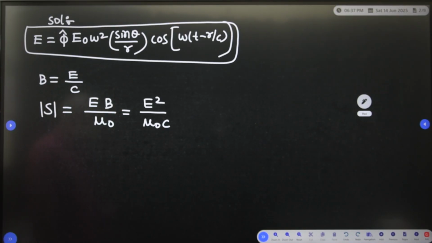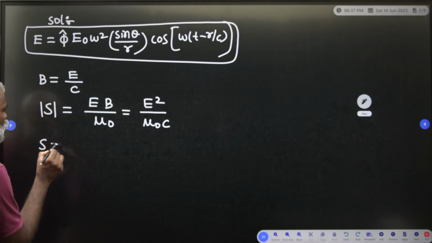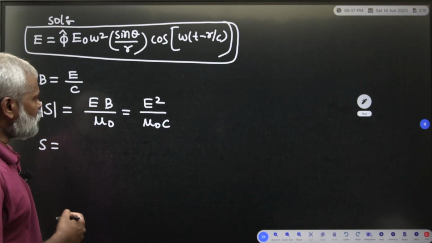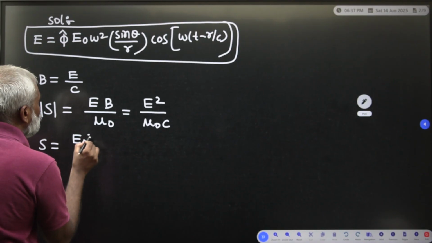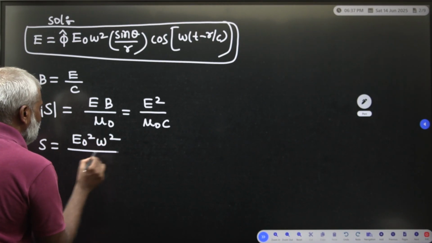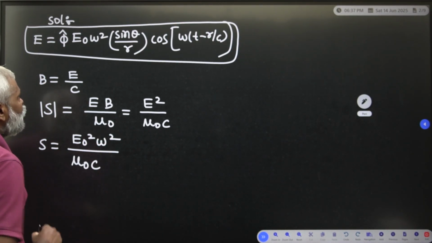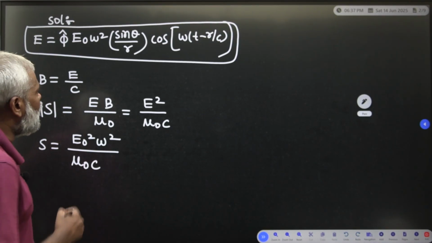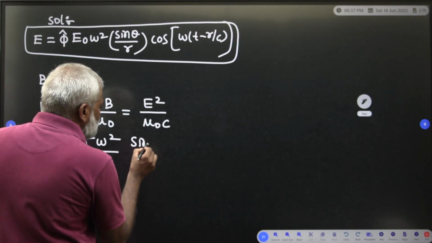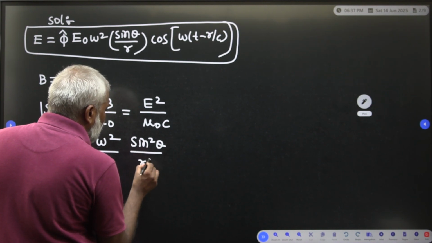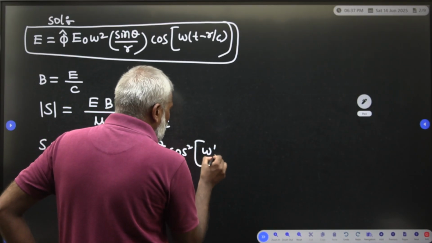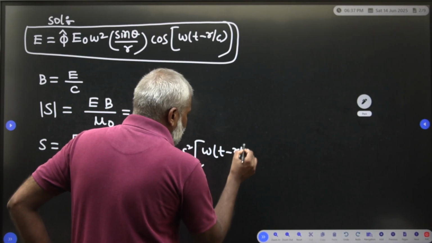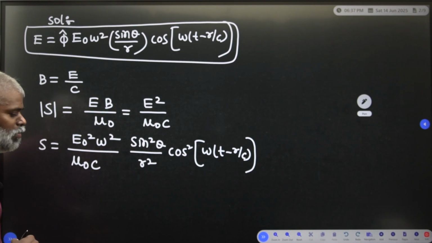Therefore S is equal to E naught square omega square divided by mu naught into c, sin square theta divided by r square into cos square of omega of t minus r by c. This is the S value.